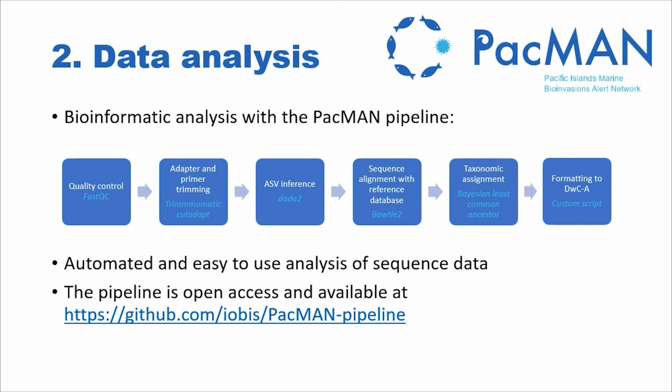So very key to our process is that this data analysis can be as automated and as easy to use as possible. And the pipeline is open access. Now, the first version is available in GitHub, but of course it is still under development. And we will also be training the people who are using this pipeline in understanding really what is happening and what are the different choices that are made, and the different parameters needed for each step of the process.